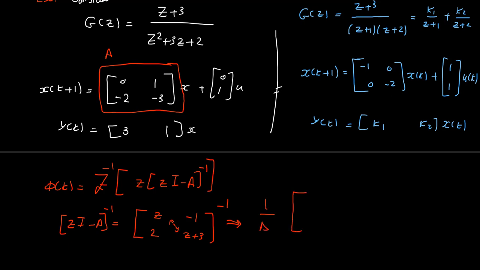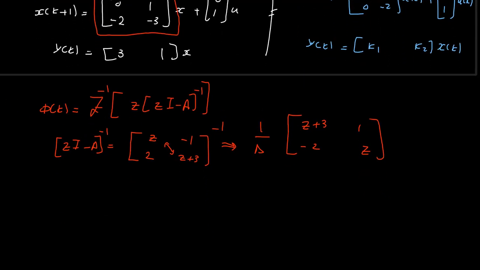Then I'm switching the diagonal, so this will be z plus 3, and this will be here the z. Then I'm inverting the sign of the off-diagonal, so this will be the 1 and minus 2. Now you know how to calculate the determinant. The determinant is z plus 3 minus of minus, so plus 2, which is actually the same as the characteristic equation, which is z squared plus 3z plus 2.